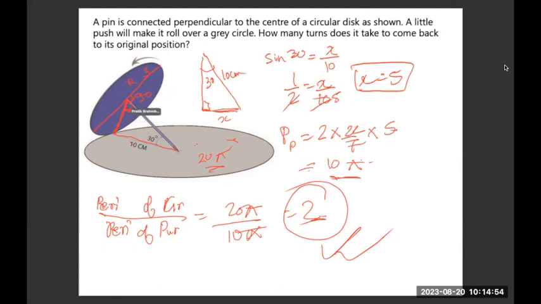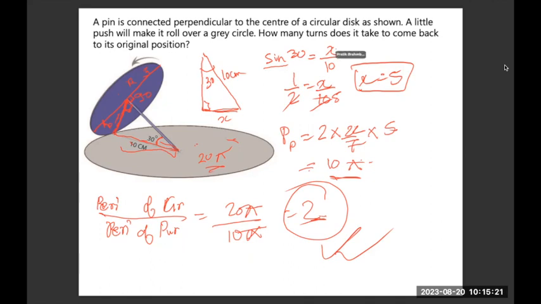And if this angle is 90 degrees, the 10 centimeters becomes your hypotenuse, and this base is the radius of this purple circle, RP. In this case, since the angle is 30 degrees on this side, this RP radius is the opposite and not the adjacent. That's why we use sine and not cos.